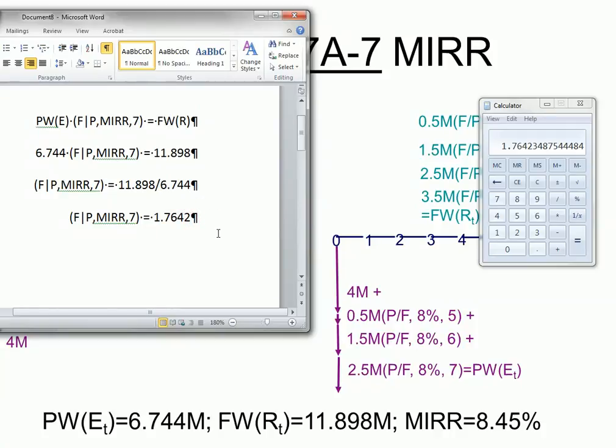So then we can plug in, say, MIRR, 7% or 8% and 9%, and then interpolate, and that can lead us to find that MIRR is 8.45%. Okay, so that's how we would find that modified internal rate of return. Modified internal rate of return is 8.45%.